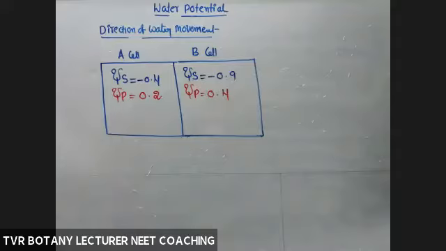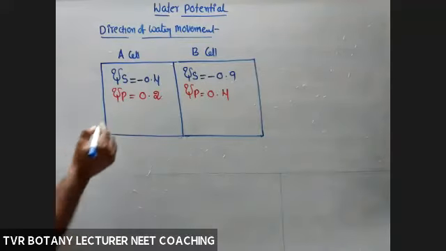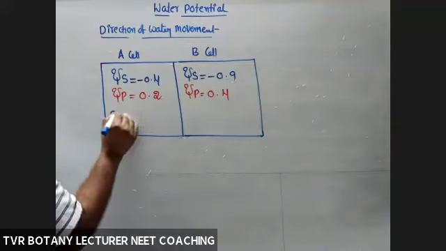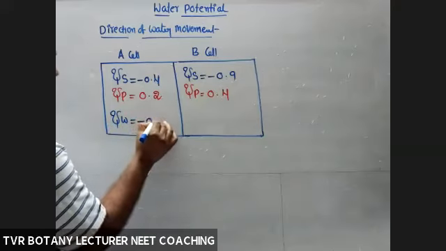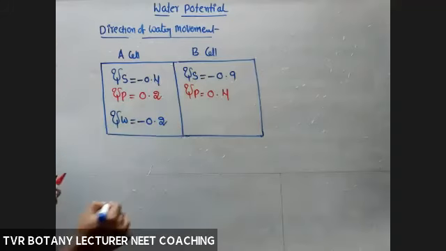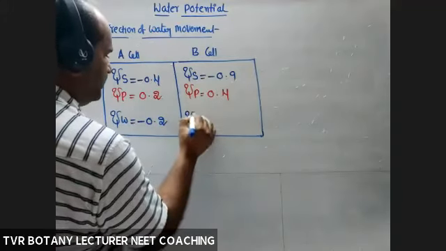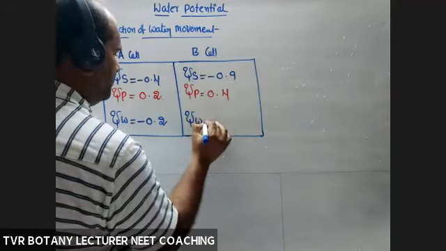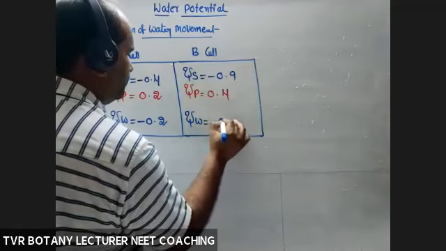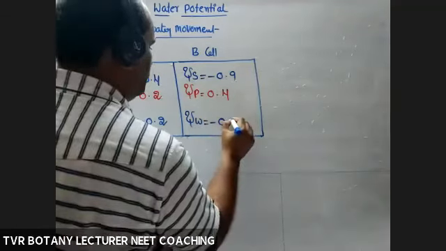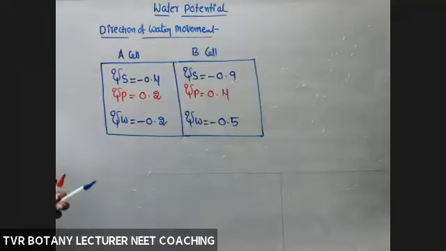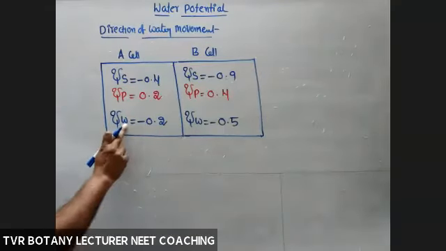Okay, so according to the water potential equation, what about the psi W value? Psi W value is minus 0.2 here, and here psi W value is minus 0.5.